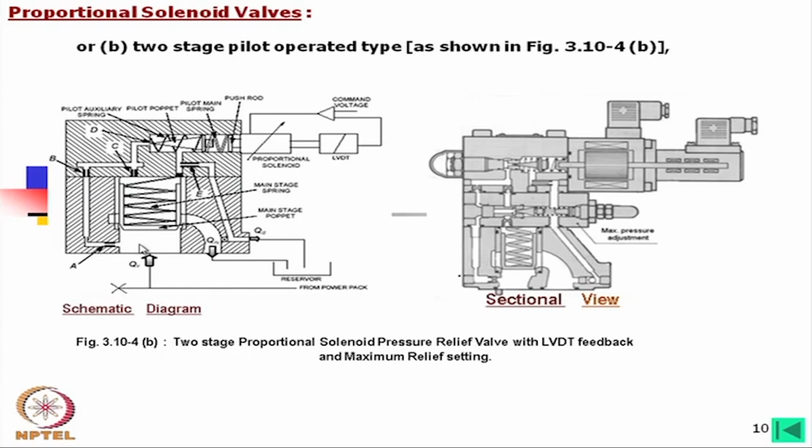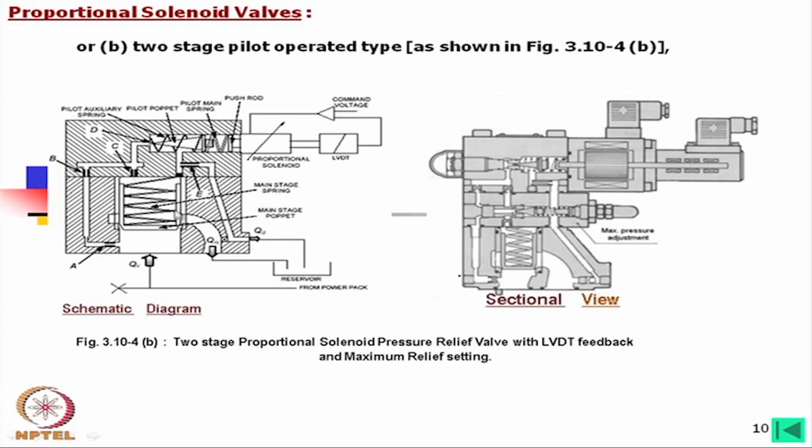What happens in normal conditions? Suppose we have given an input to control at, say, 7 megapascal, and the system is working at 5 megapascal at that moment. So, 5 megapascal pressure is coming over here, and this flow is going here, it is connected. As this is set with some current to have the 7 megapascal control, the force is definitely more and this remains closed, or very slightly open to give a constant flow through this.